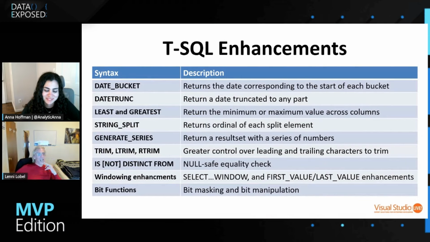I would have to say GENERATE_SERIES and IS DISTINCT FROM. Especially IS DISTINCT FROM. If you ever play with the MERGE statement, it's not uncommon to build a kind of data compare engine using MERGE, where you are comparing a source table with a target table, and you only want to do an update if any of the non-key columns have changed, and you therefore have to check each individual source and target column for equality.